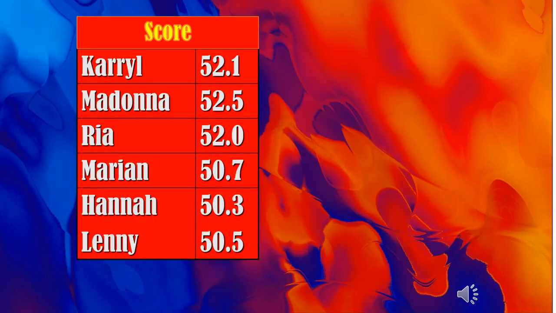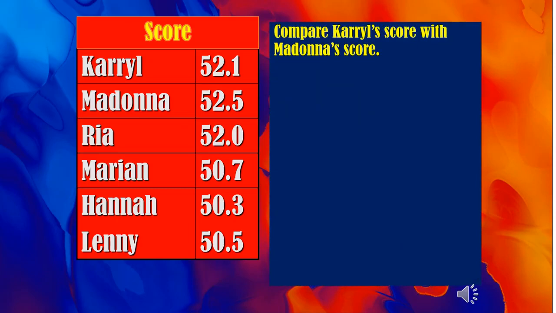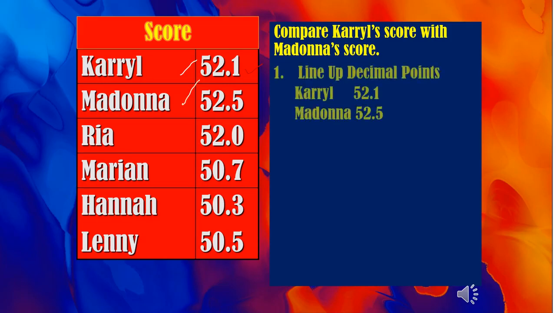Now, we have here the scores of Karil, Madonna, Rhea, Marian, Hannah, and Lenny. So, we're going to compare the Karil score with the Madonna score. The first thing that we need to do is to line up the decimal point.